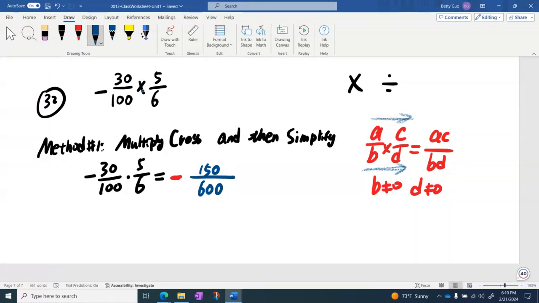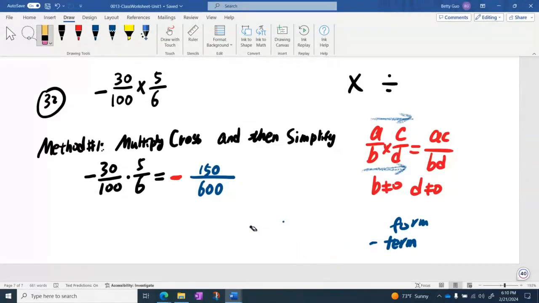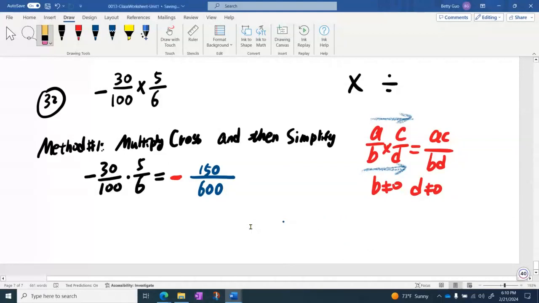When you see the problem requires you to simplify a fraction, or reduce the result, or write the result in lowest terms or lowest form, they all mean the same thing: simplify the fraction. Remember how we simplify a fraction? We want to find the common factors of the numerator and denominator, and then divide the top and the bottom by the same common factor.